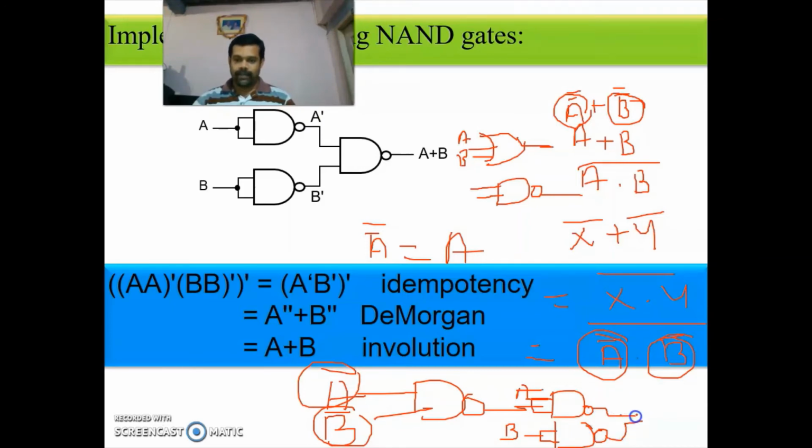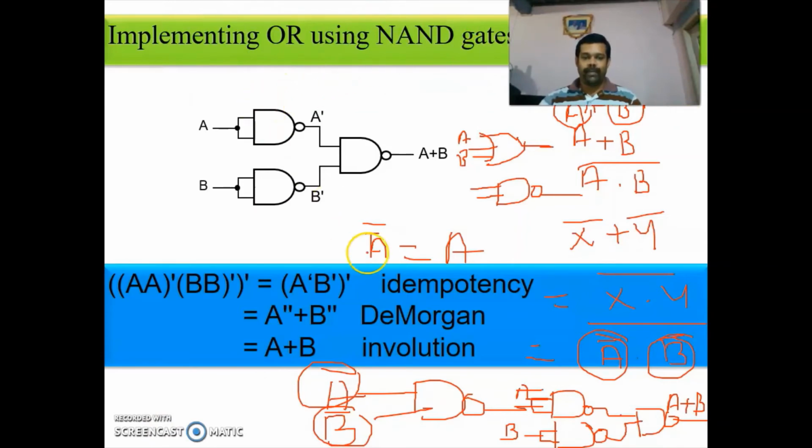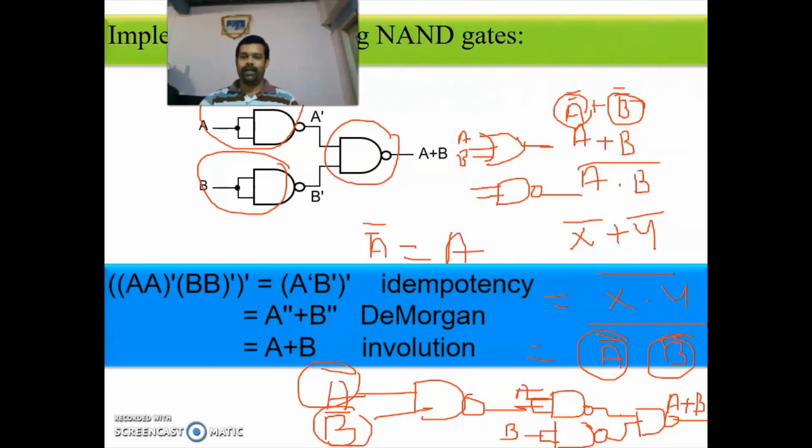Then when you are giving that output to a NAND gate, you will be getting A plus B. So we have implemented OR gate by using NAND gate. First we have inverted the inputs, then we have given those inputs to a NAND gate. So this is the implementation of OR gate using NAND gate.